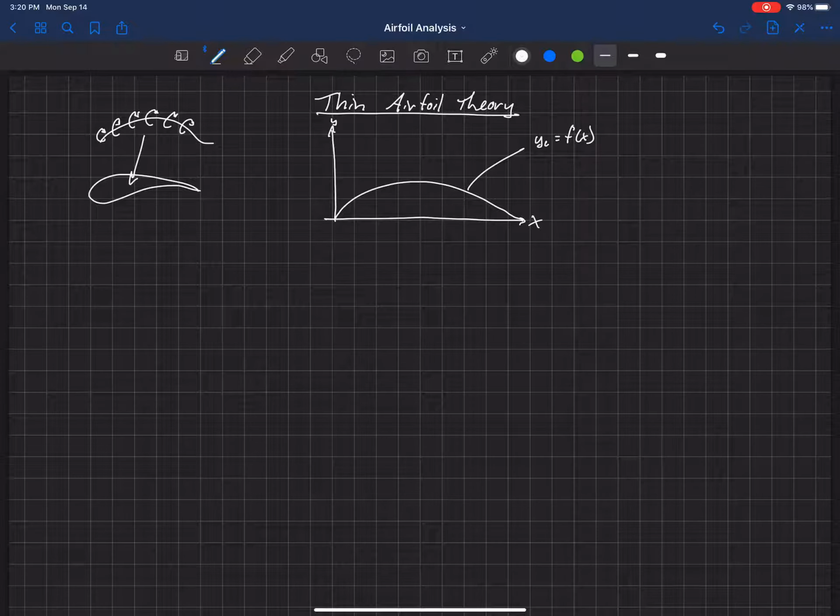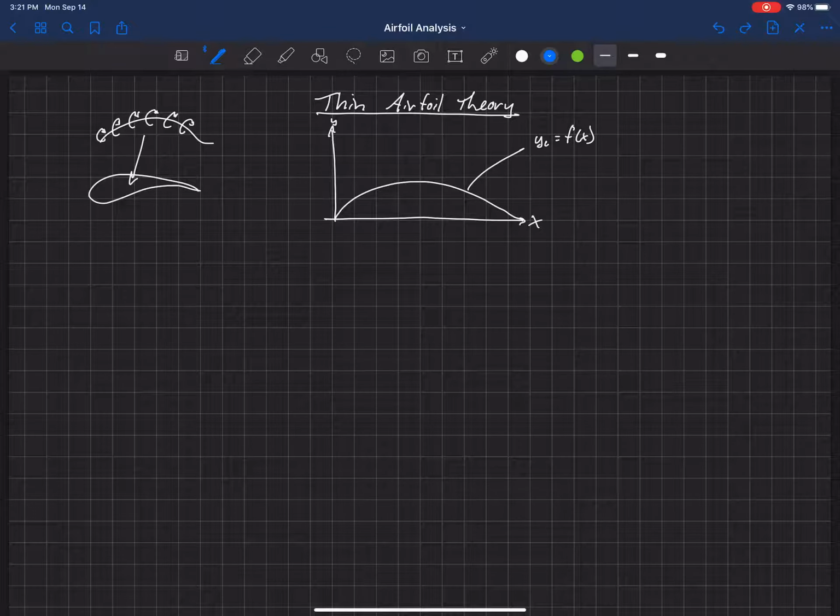Now, normally, we would add a thickness around that airfoil to create the actual two-dimensional airfoil. But instead, we're going to look at just using the camber line to develop the aerodynamics here.